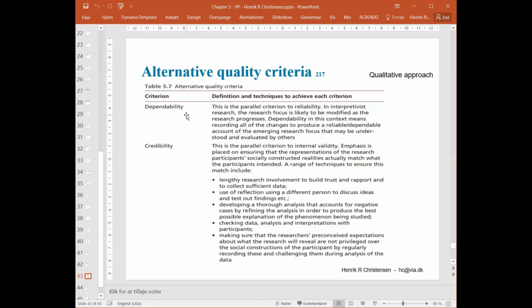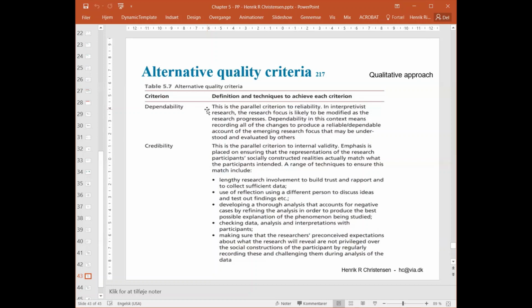So you can have some good ideas about reliability and validity. But when it comes to interviews, it can be really difficult to evaluate those. And therefore, for evaluating more qualitative research, we have these criteria here, dependability.